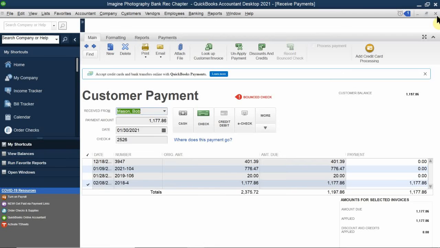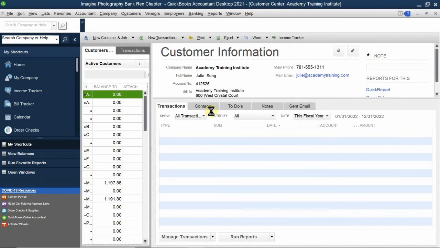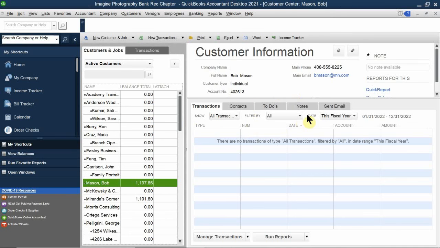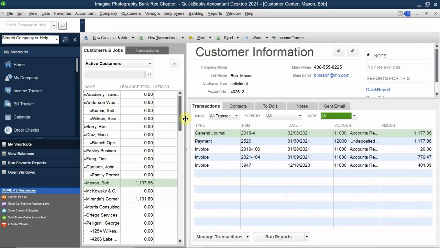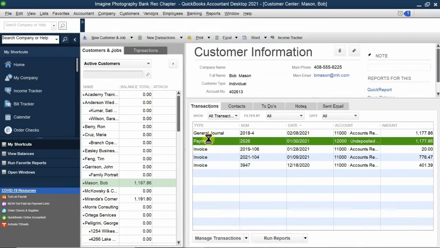So if I go to my customer center and locate Mr. Bob Mason, all transactions, I can see every single one. I have a customer payment here, the 2526.